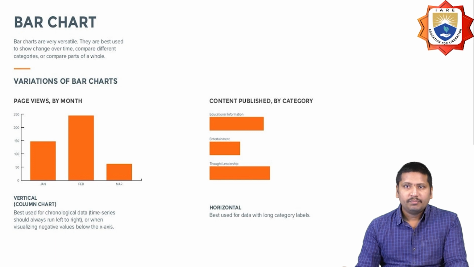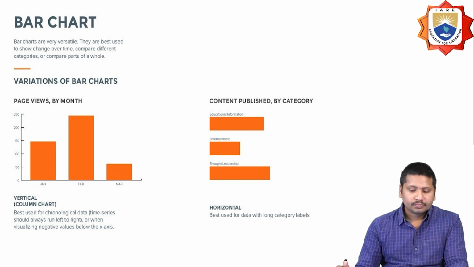The very first thing is the bar chart here. So the bar chart should be very versatile, and it is going to be best used to show the change over time, compare the different categories and compare the different parts of a whole. So a variation of a bar chart may be page views by month.